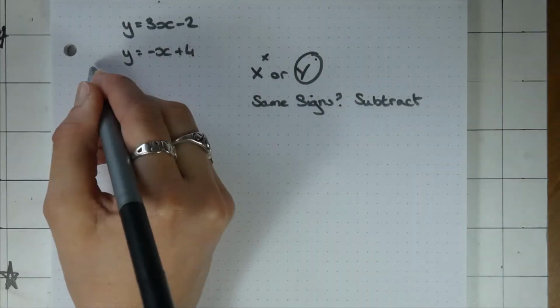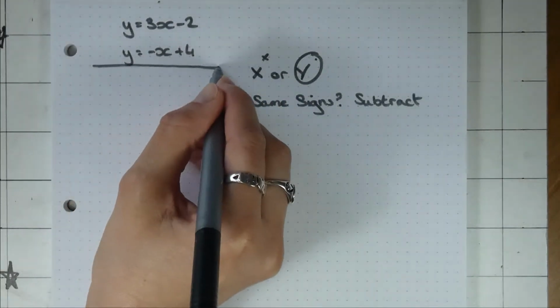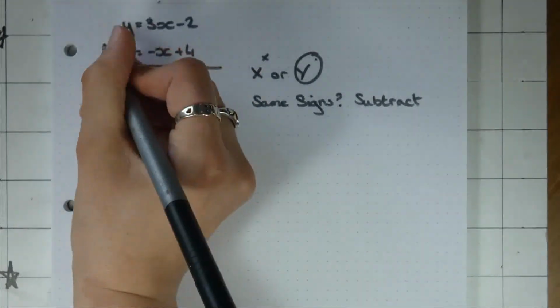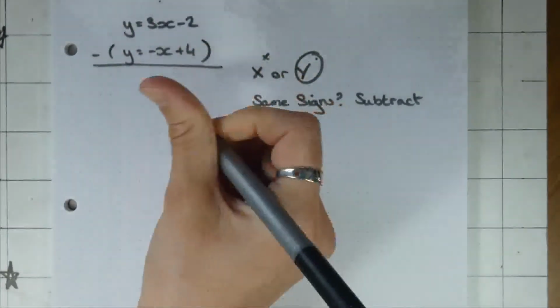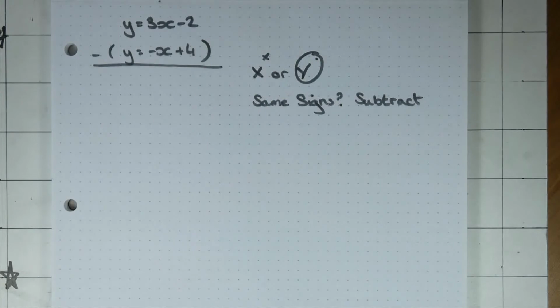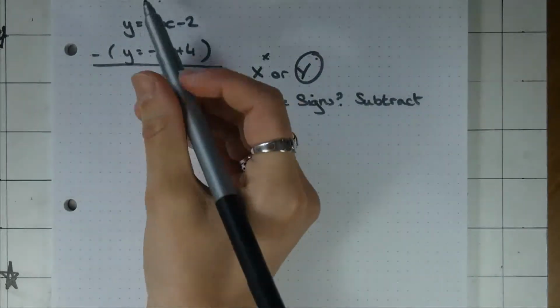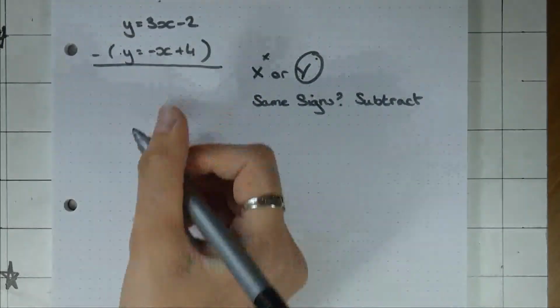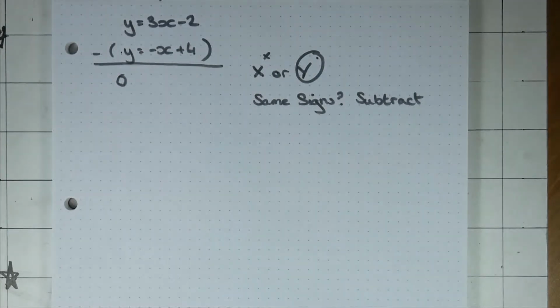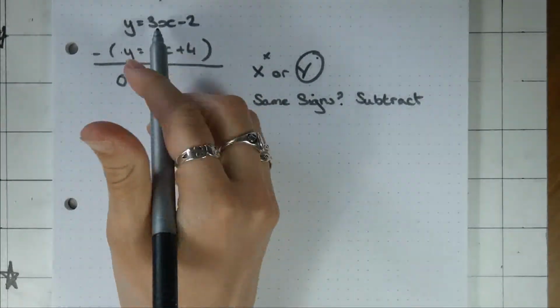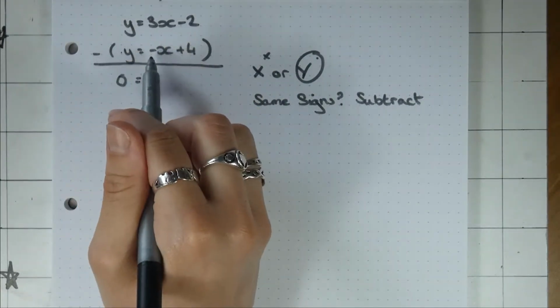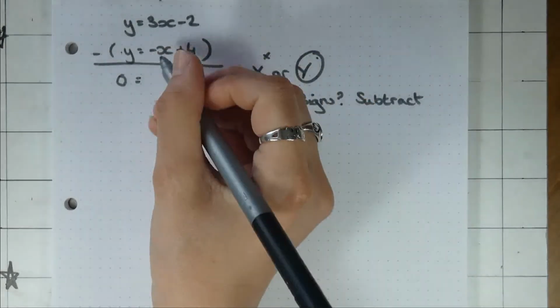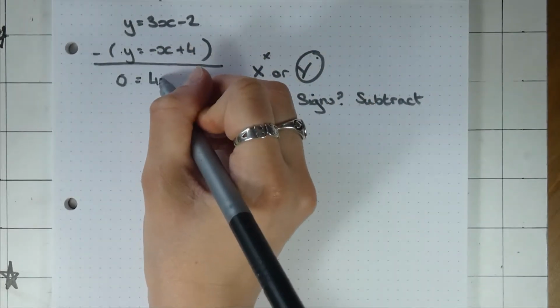And the way we do this is we set it up like a chimney sum. And we just go along, putting brackets around it so remember we're subtracting the whole thing. So we have y take away y gives us 0. We have 3x take away negative x. Now remember, take away a negative, it ends up a positive.